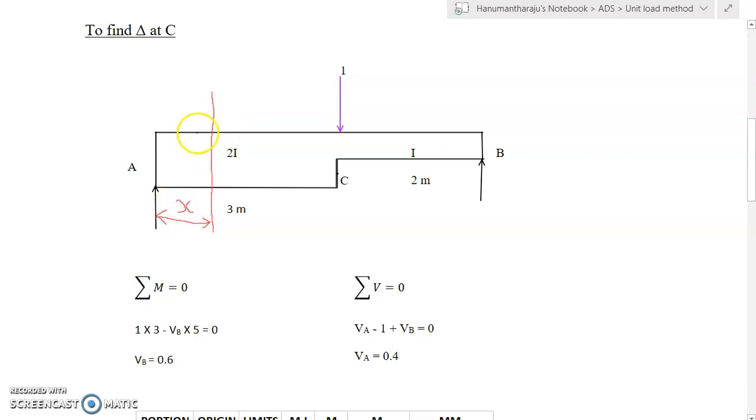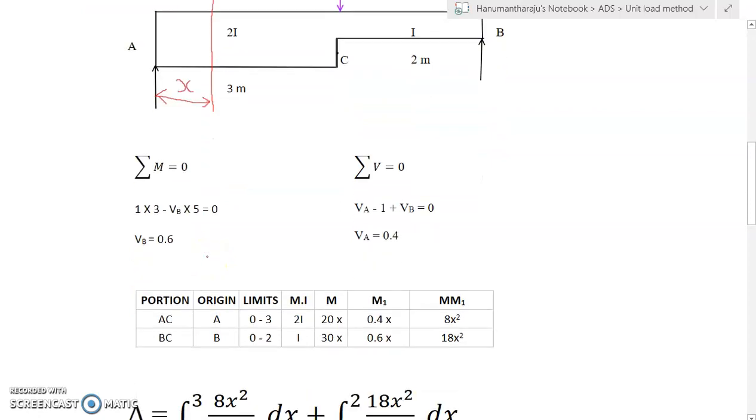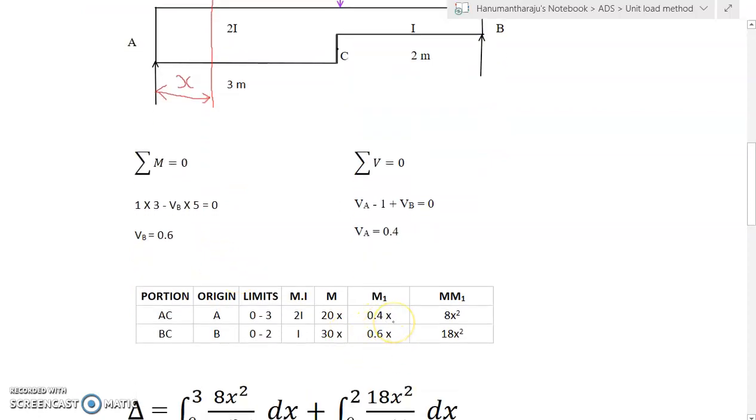Here, if you take the left hand of the portion, VA into x, producing a clockwise moment positive, VA is 0.4x. Therefore, M1 is 0.4x. The product of M and M1 value is 8x square.